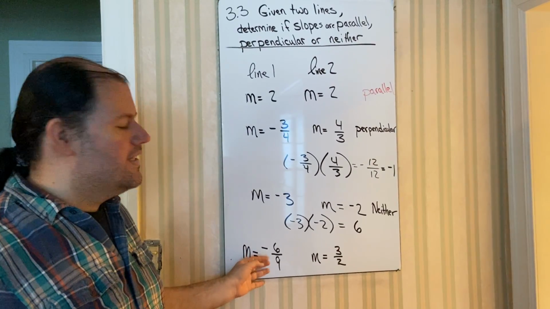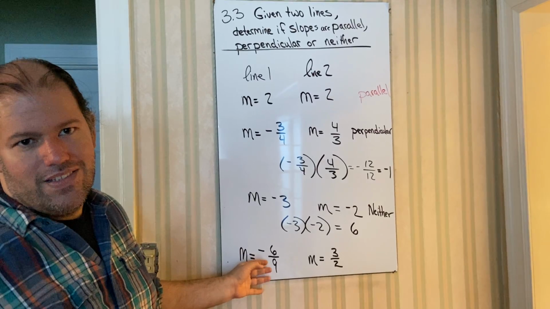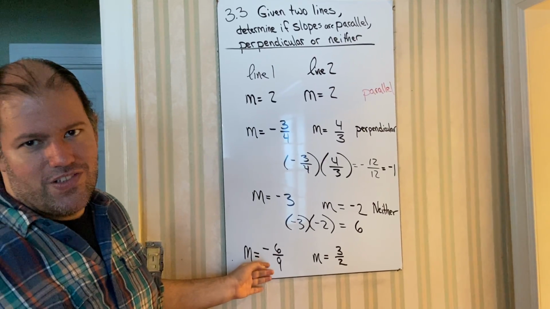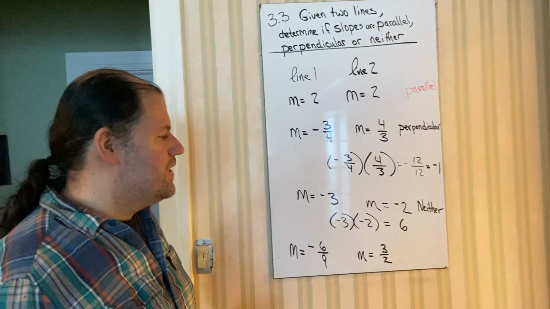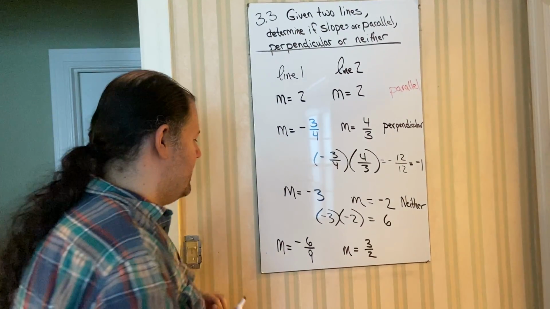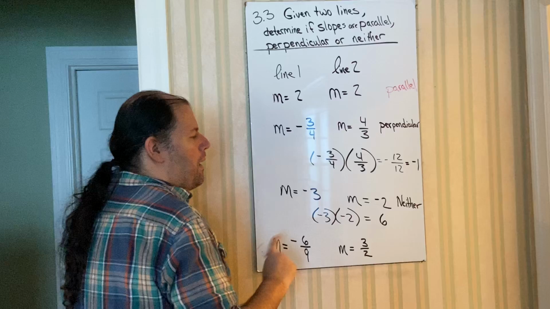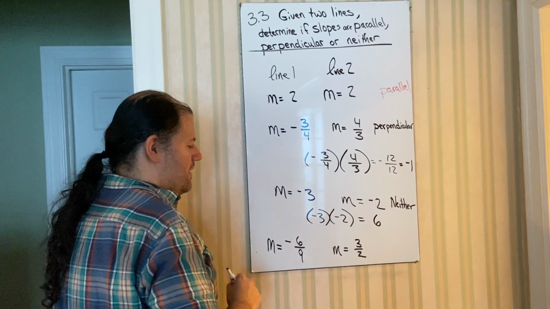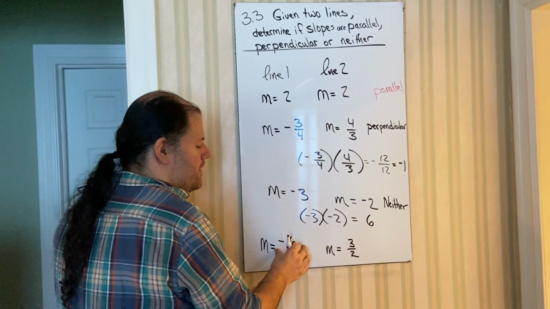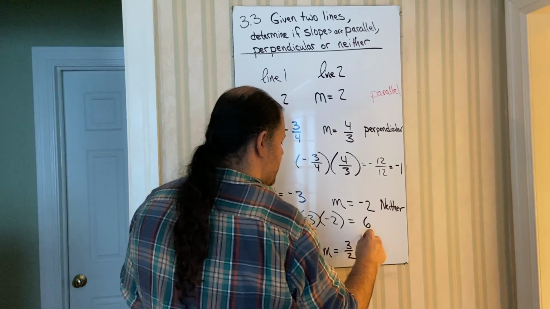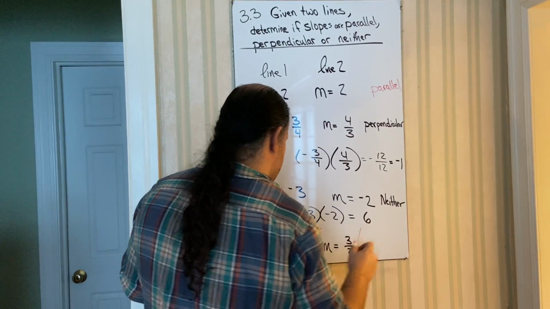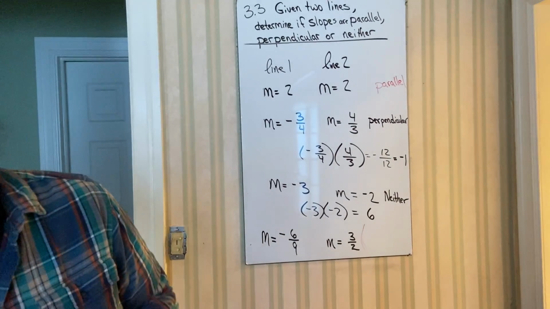But here's the trick. You've got to make sure the slope is always reduced. If you didn't realize that this is not reduced, you won't pick up that this is actually perpendicular. But you could always take slope 1 times slope 2 to see if it equaled -1.